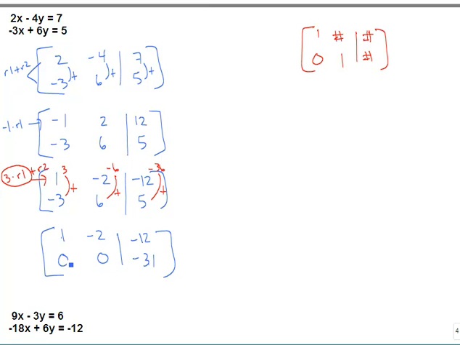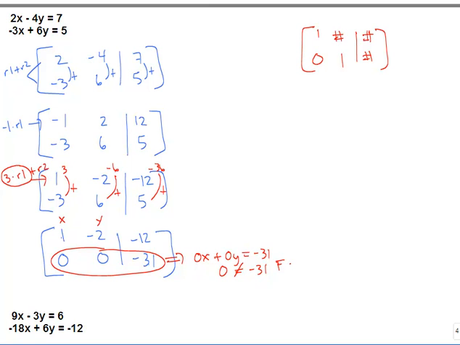If both of these x and y coefficients turn into zeros, look and see what that implies. If we were to translate this back, this means we have 0 x's plus 0 y's, and that's supposed to equal -31. Well, 0 x's plus 0 y's is just 0, and 0 never equals -31.